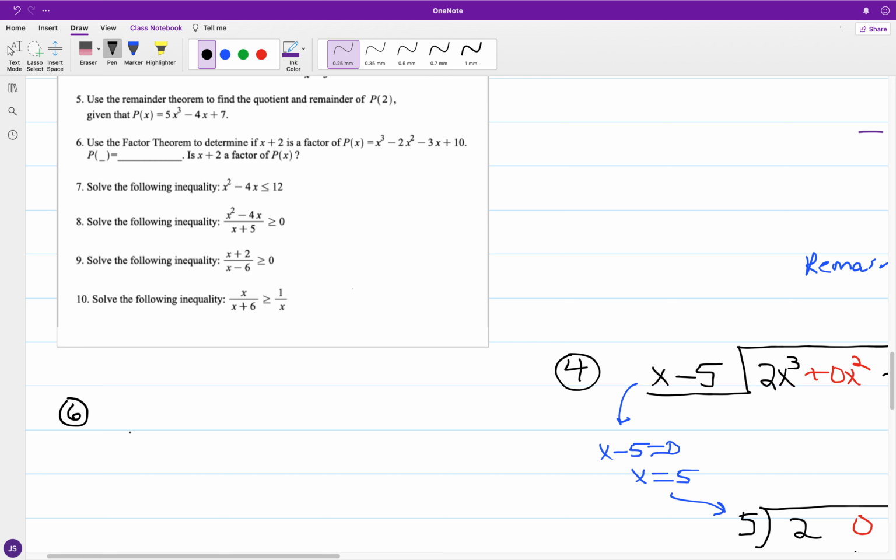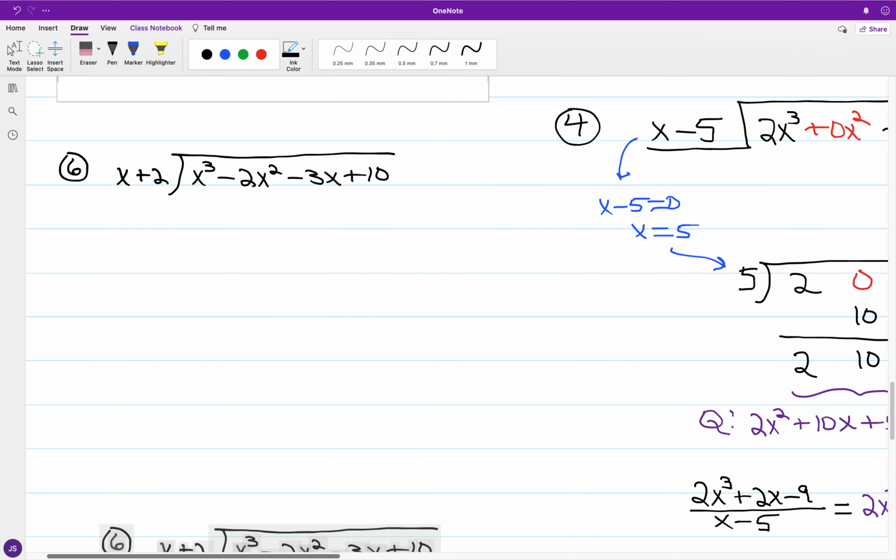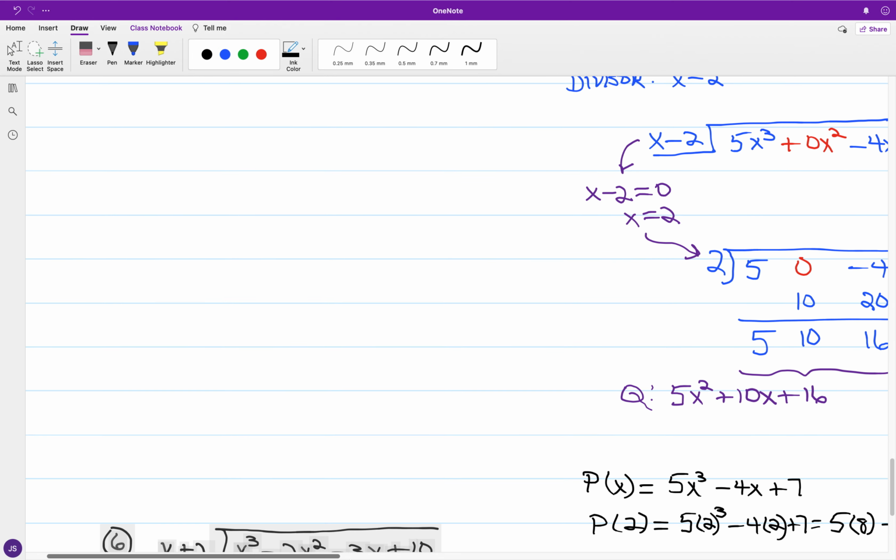So you have the divisor x plus 2, and again we're taking p of x as the dividend, x cubed minus 2x squared minus 3x plus 10. Everything in the degree of x in the dividend, from third to second to first order to the constant, we have already established, so no zero placeholders were needed.